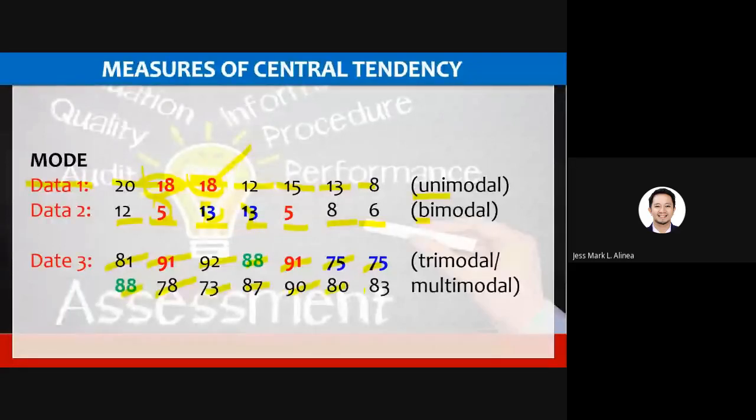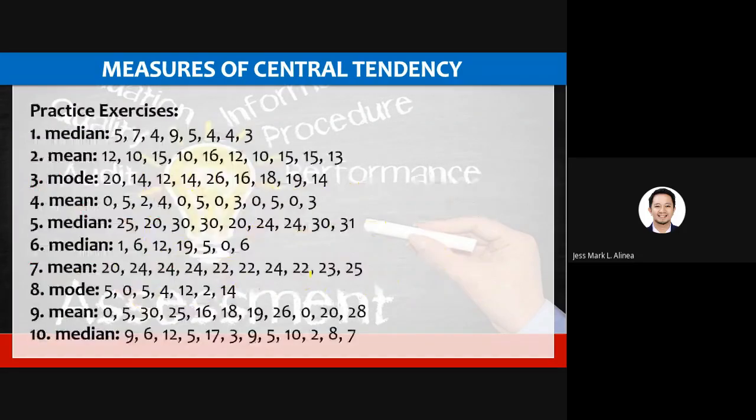Meron tayong dalawang 91, may dalawang 88, may dalawang 75. So may tatlo tayong mode. Ito ay trimodal or multimodal. Paano kung nagkaroon ng isa pang 91? So mawawala ng bisa ang dalawang 88 at ang dalawang 75 at magiging unimodal siya kasi tatlo ang 91 because it is the most frequently occurring score. Naiintindihan?